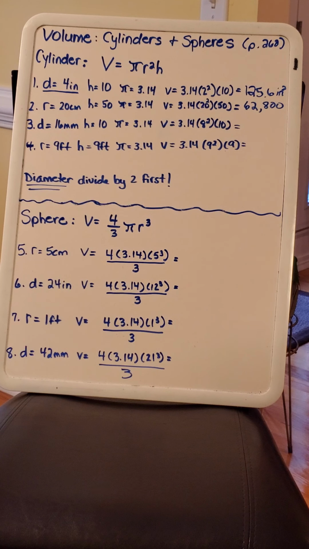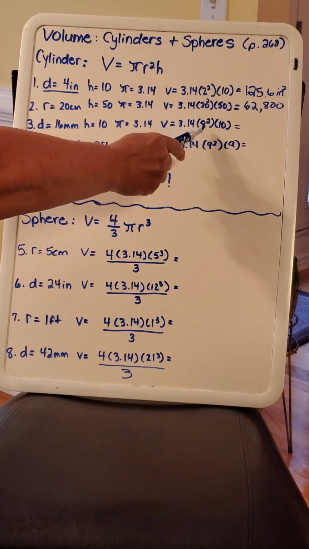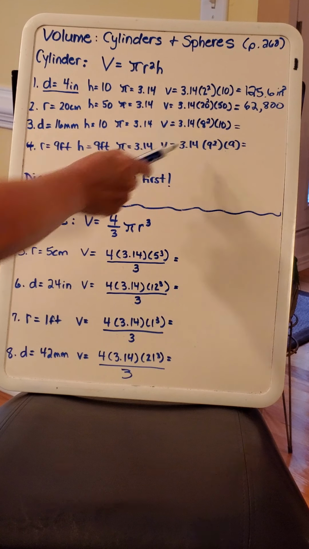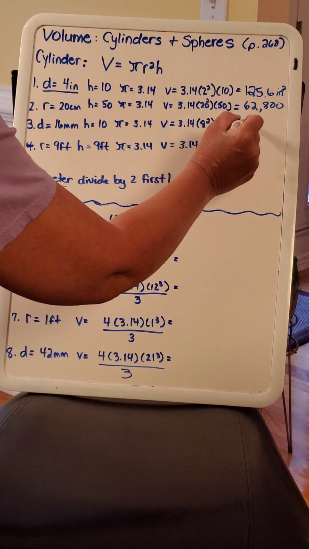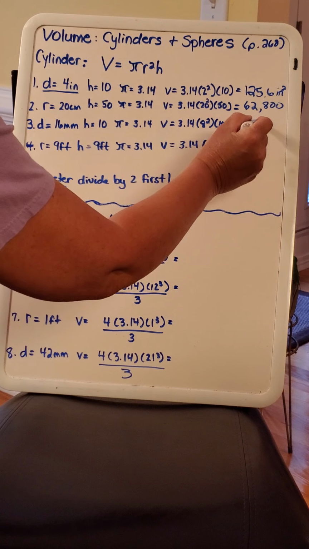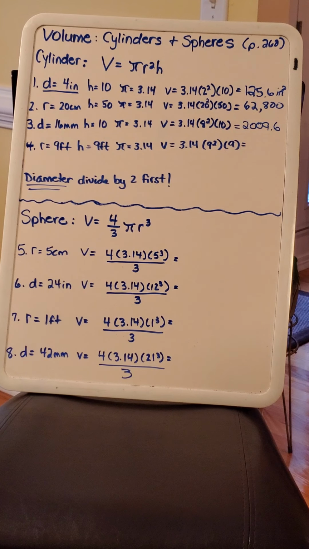All right, number 3, diameter. Okay, 16 divided by 2 is 8. So there's my radius squared, 8 squared. All right, 8 times 8 is 64. 64 times 3.14 times 10 is 2009.6.